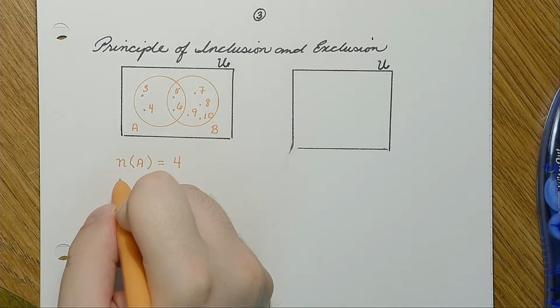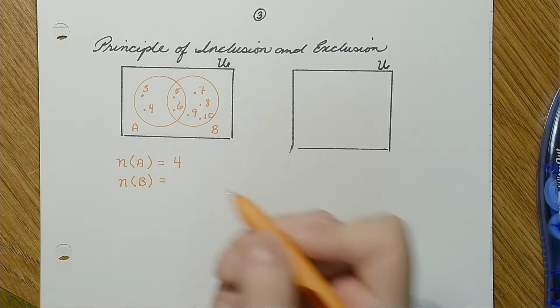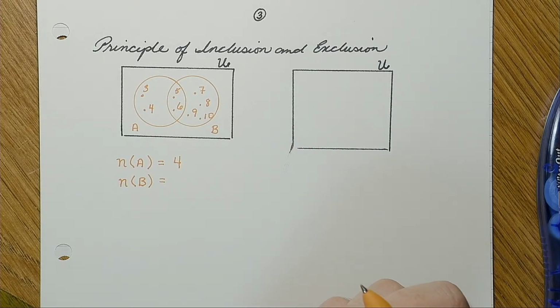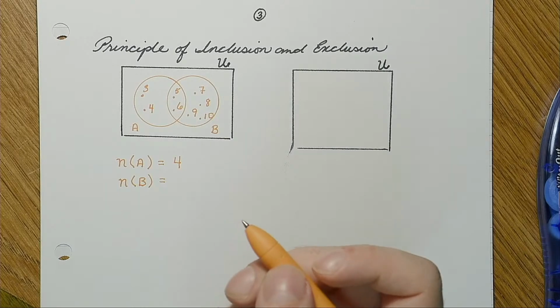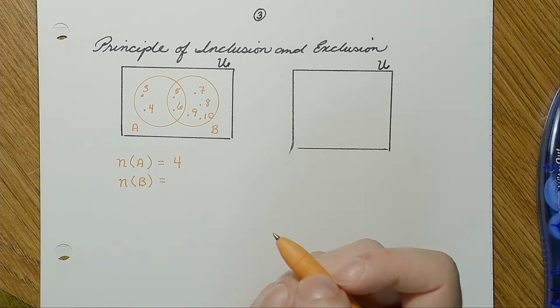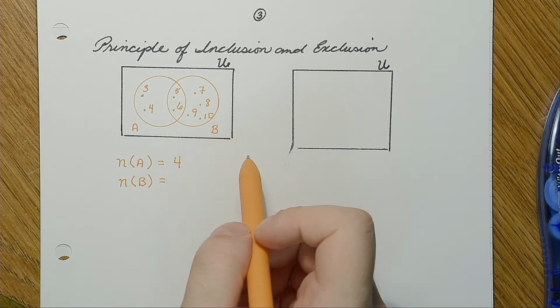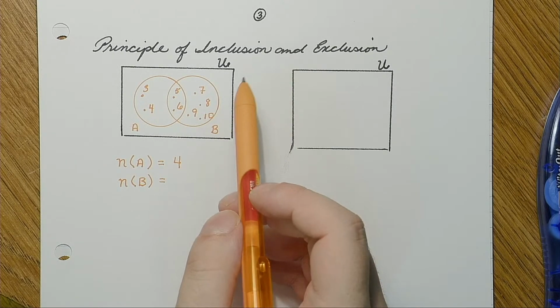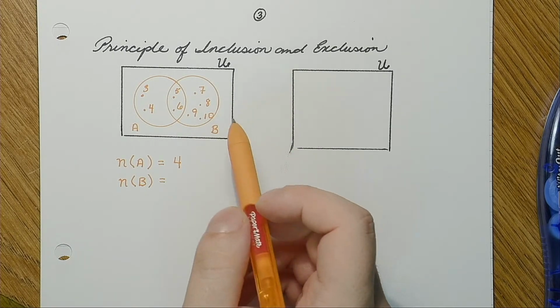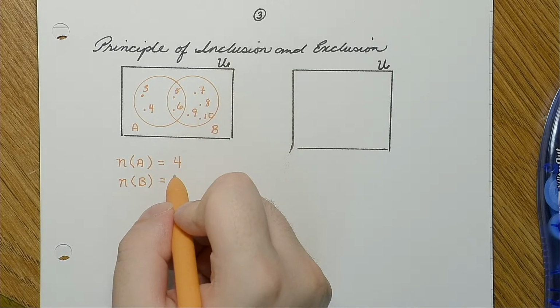Good. Then how many elements are in B? Number of elements in B, 6, okay. 1, 2, 3, 4, 5, 6, good.